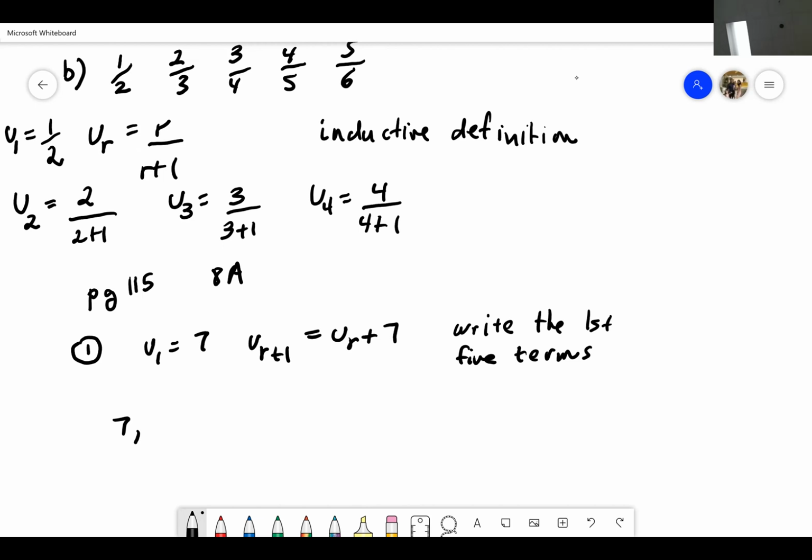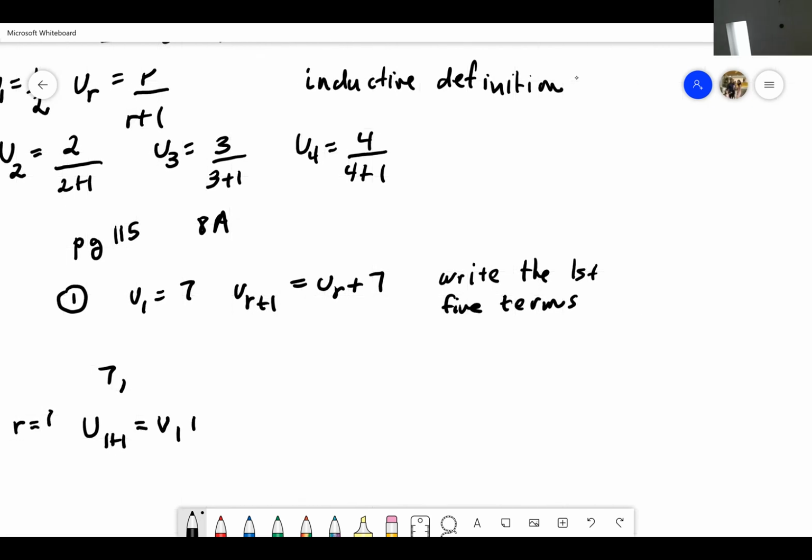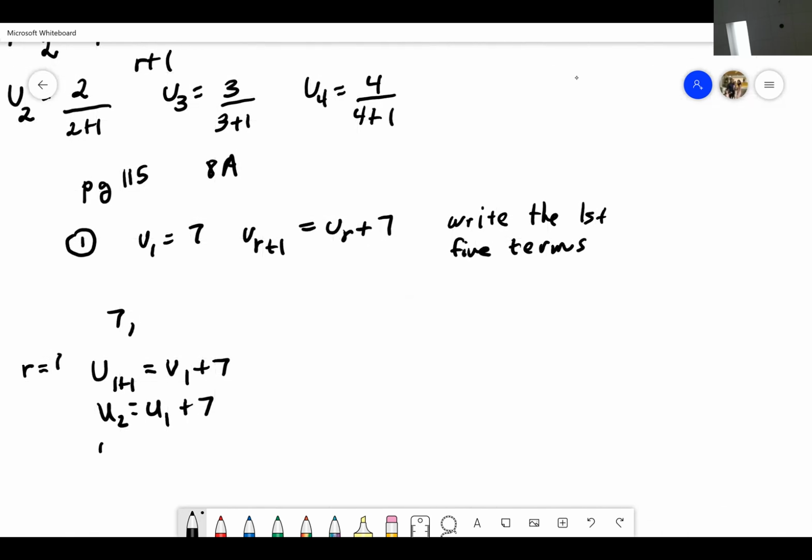So u of 1 is 7. You say r equals 1. u of 1 plus 1 is equal to u of 1 plus 7. So u of 2 equals u of 1 plus 7. Therefore, u of 2 must equal 7 plus 7, which is 14. So the next one will be 14.